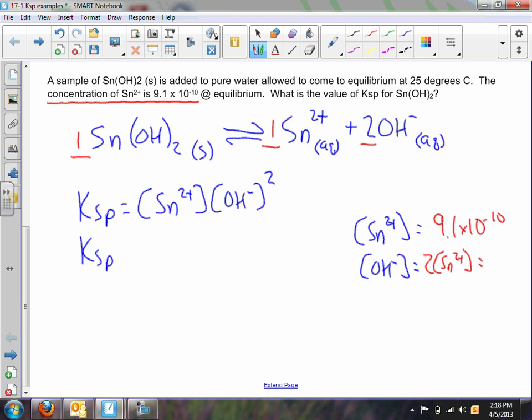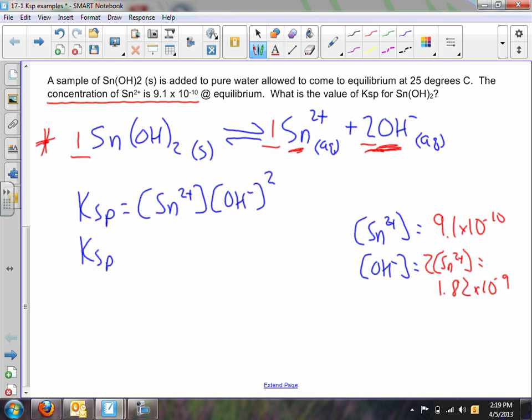If you take 2 times that 9.1 times 10 to the negative 10th, you get 1.82 times 10 to the negative 9. So I simply use the balanced equation up here to find this concentration when I already knew this guy. Hydroxide has to be twice whatever the tin is.